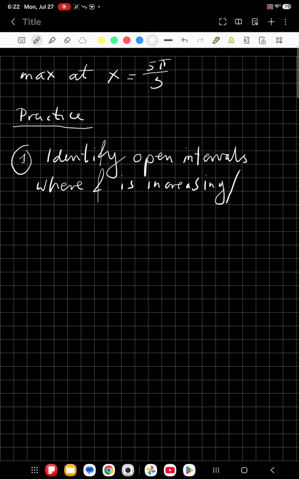Okay, and the function looks like this. So we have x squared minus 2x minus 8. Okay, so that's the first problem.